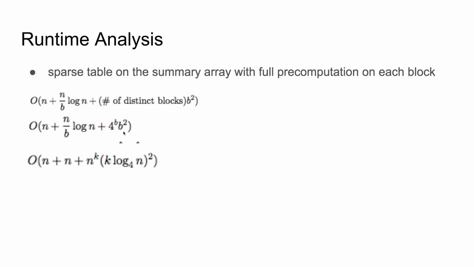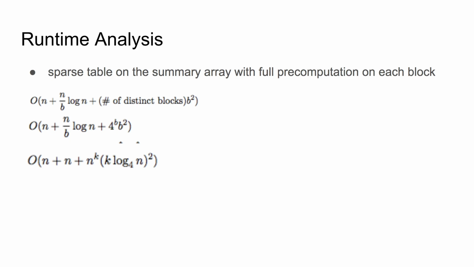Sparse tables already do n log n build time, O of 1 query, so we're trying to beat n log n. We can't get something exponential. We need something linear, like O of n. So we need b to be less than log n. And then we can't have b be as small as possible, because then this term grows to infinity if b is like 0 or something. So we need something between 0 and log n for b.